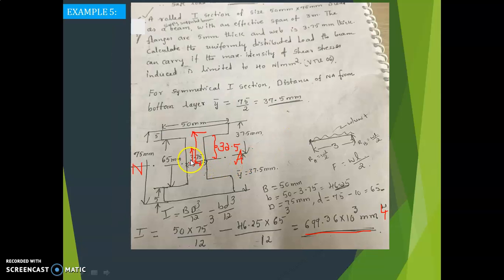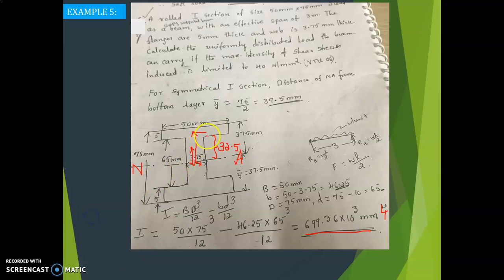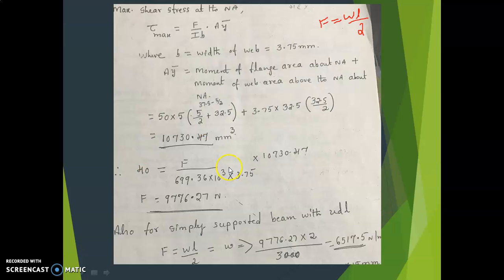That is this distance. So this is y bar for the first section, the flange. This is y2 for the second portion, from here to here, that is 32.5 divided by 2. The CG lies here, so that is the meaning. So that is equal to A y bar.